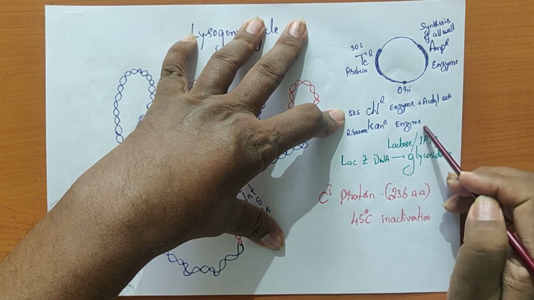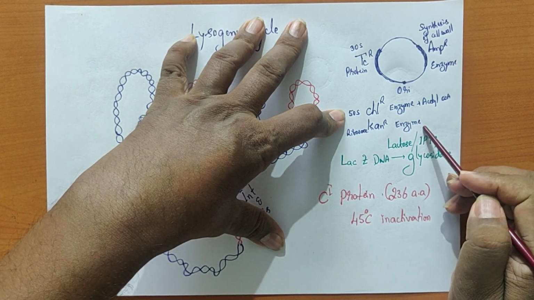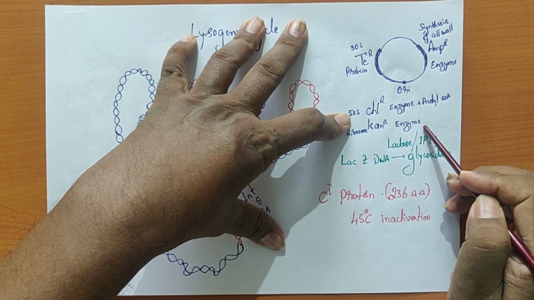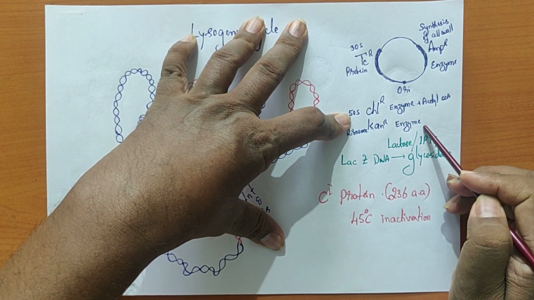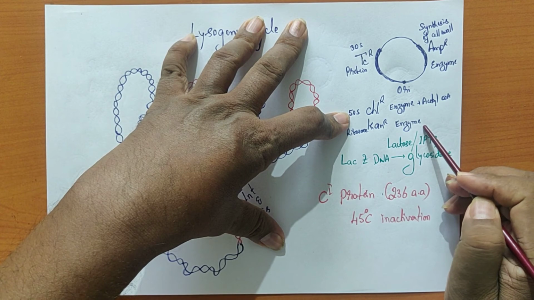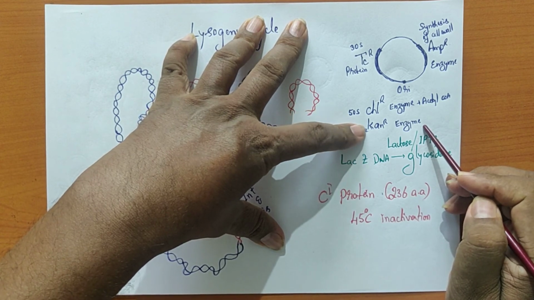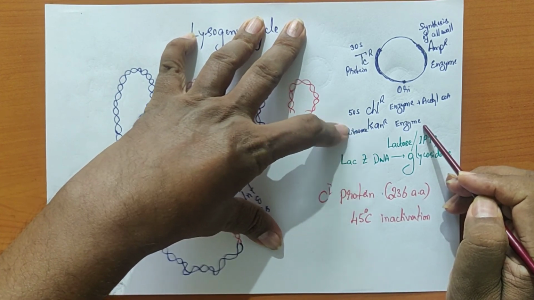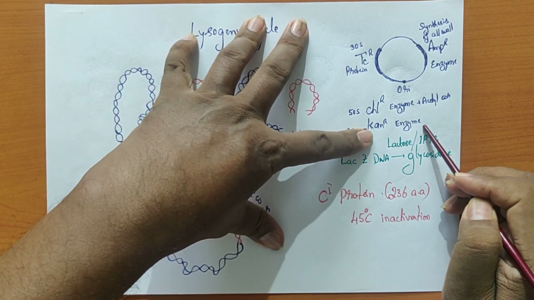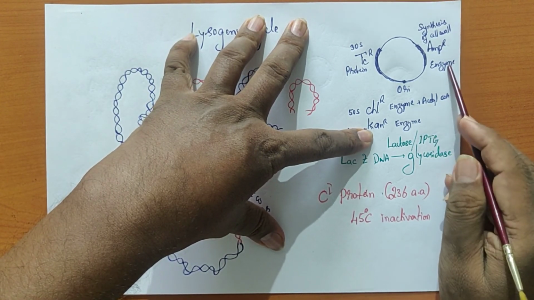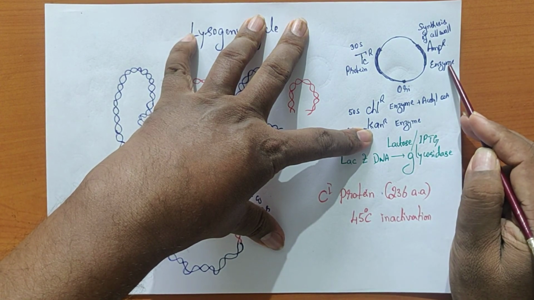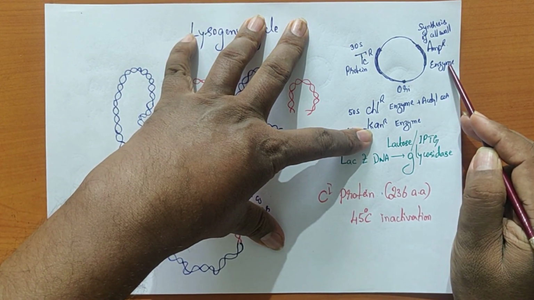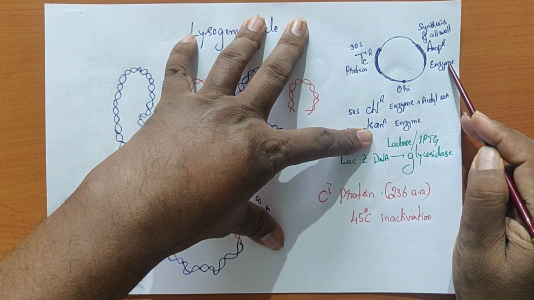In the case of the kanamycin resistance gene, it produces the enzyme aminoglycoside phosphotransferase. This enzyme modifies kanamycin so it is unable to bind to the ribosome. What I want to tell you is that all of them offer resistance because of the synthesis of proteins which interfere with their antibiotic action.